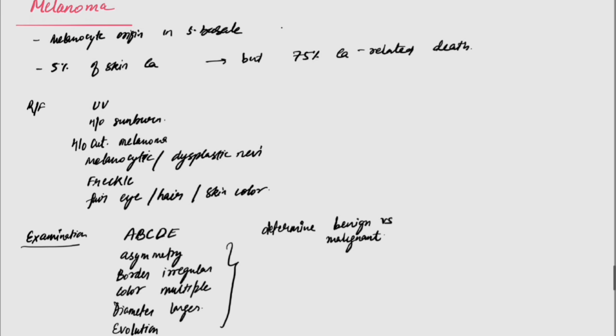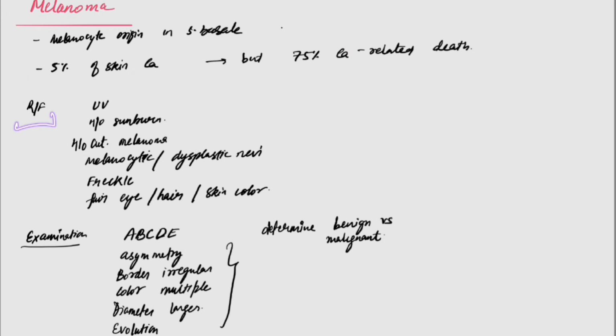Now coming to melanoma. Melanoma originates from melanocytes which lie in the stratum basale. It is 5% of all skin cancers, but it leads to 75% of the mortality of skin related cancers.